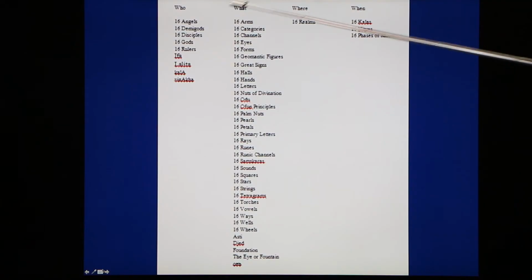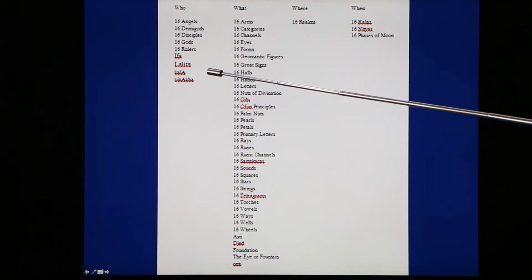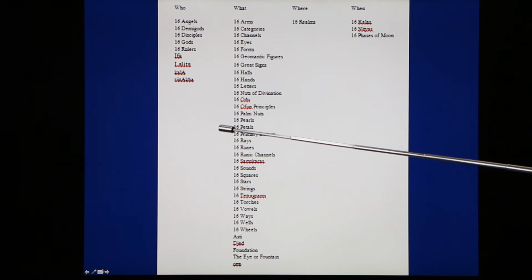16 is one of the smallest numbers for the original alphabets. In fact, there are some claims that the original alphabet of all was 16 letters. There are 16 angels, demigods, disciples, gods, rulers.